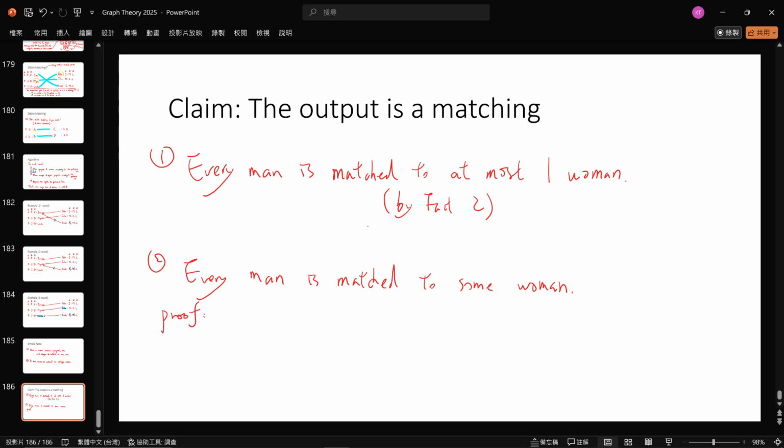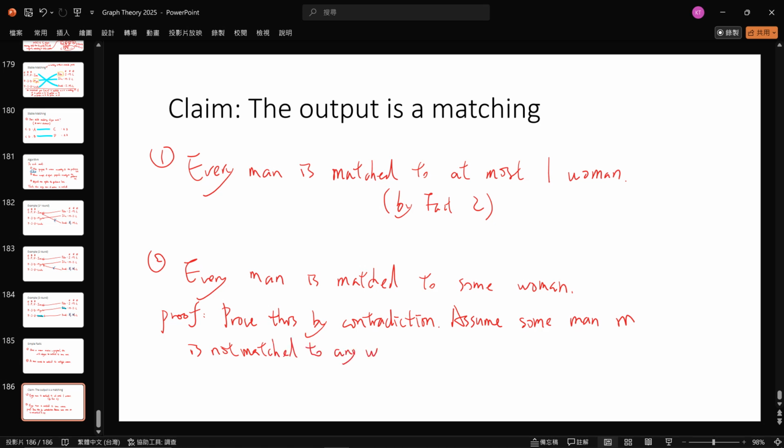So we're going to prove this by contradiction. We're going to assume some man called M is not matched to any woman.